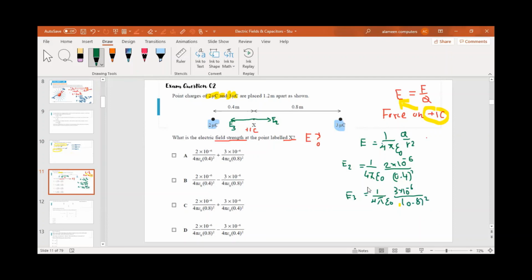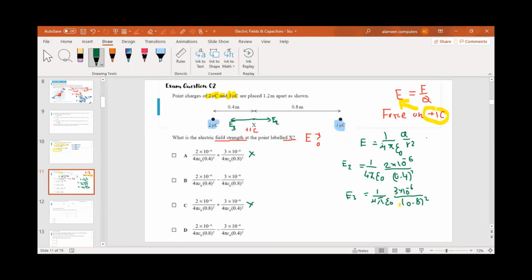Now you have E2 and E3. They are opposite. So if you want to find the resultant electric field strength, you want to get the difference of them. So any answer which has the addition should be wrong.